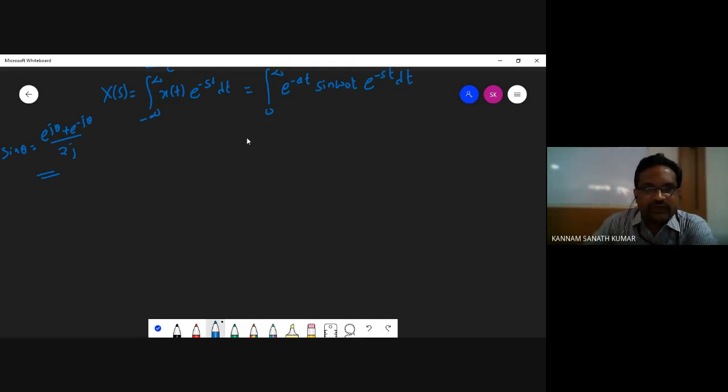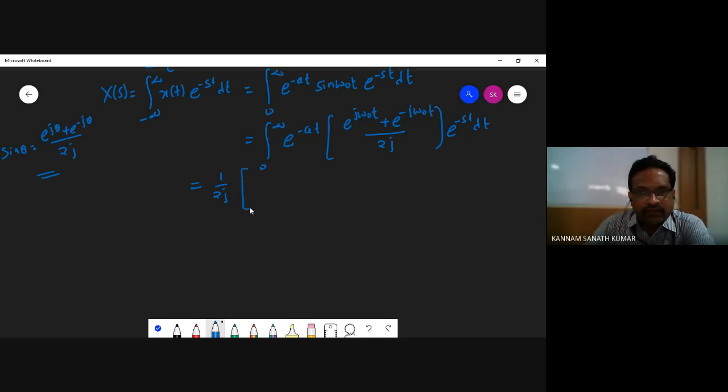So you replace that. So this is equal to integration 0 to infinity e power minus at into e power j omega naught t minus e power minus j omega naught t divided by 2j into e power minus st into dt. Okay, so anyway 1 by 2j is constant, bring it outside. So integration 0 to infinity e power, so you combine this one and this one.